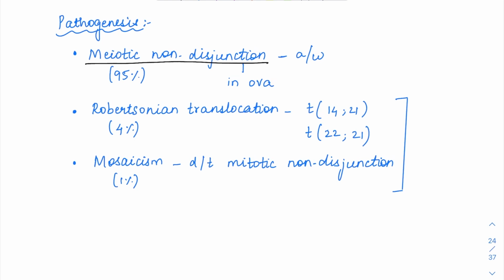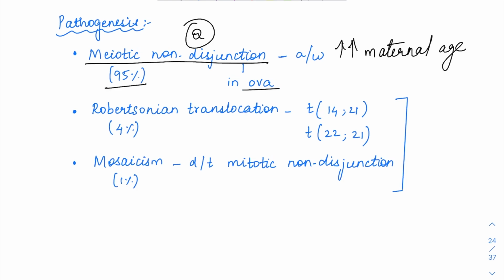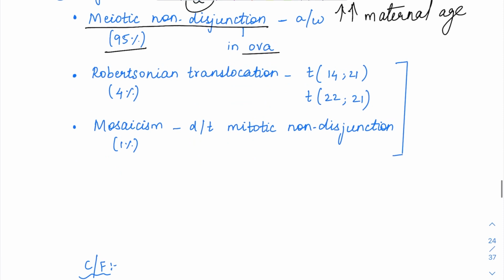So this 3 is the one which is resulting in the trisomy. Okay. This non-disjunction usually happens in the ova, and that is why Down syndrome is associated with increased maternal age. This accounts for 95% of the pathogenesis of Down syndrome.